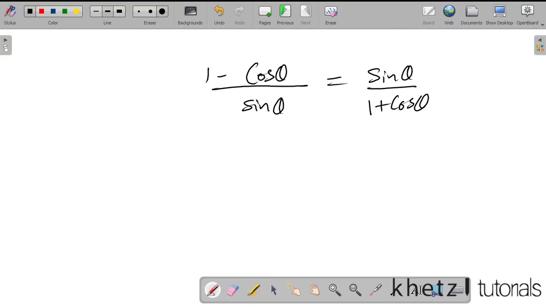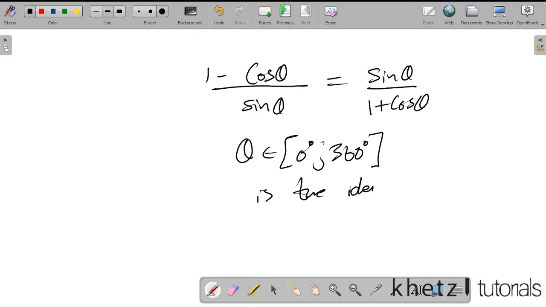I'm basically just going to give this to you as homework. It is asking for which values of theta in this range 0 to 360 is the identity undefined.